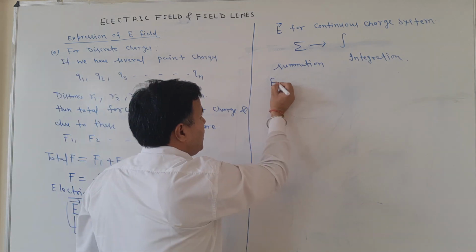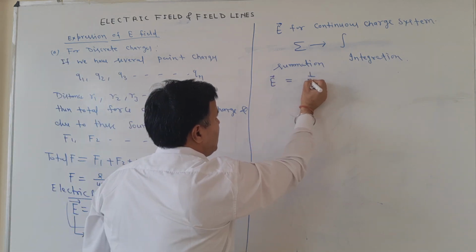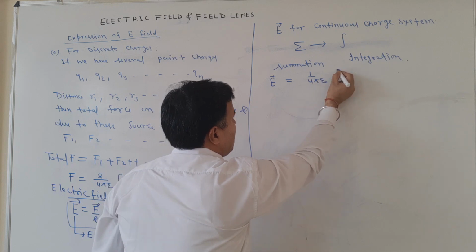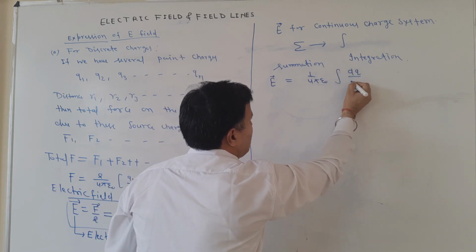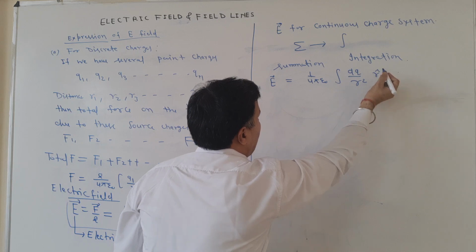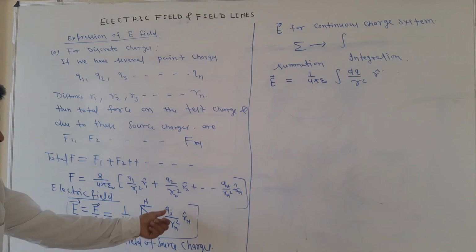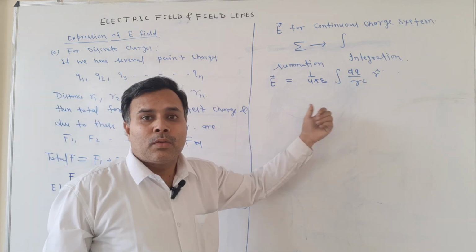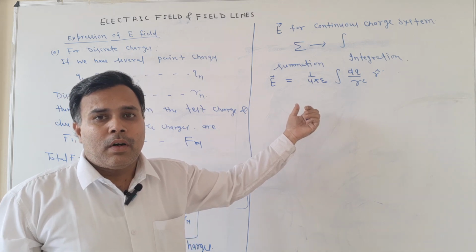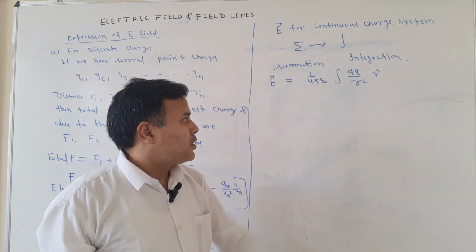So the electric field is 1 upon 4 pi epsilon 0 integral of dq by r square r cap. This q is replaced by this expression. So this is the profile of electric field for a continuous charge system.